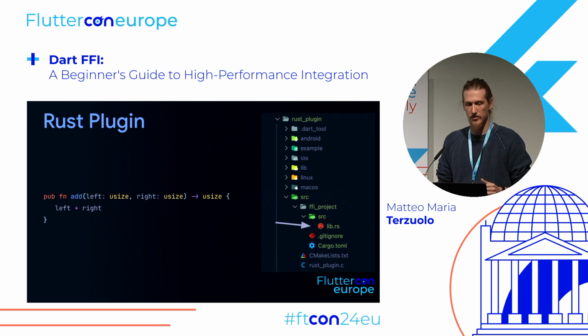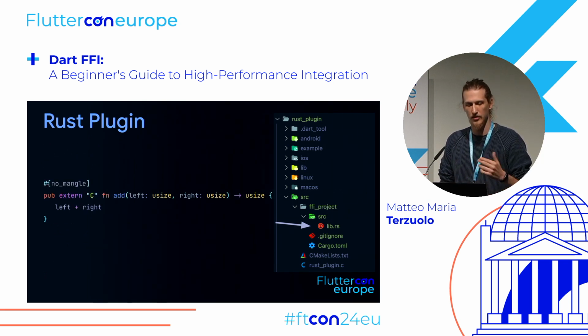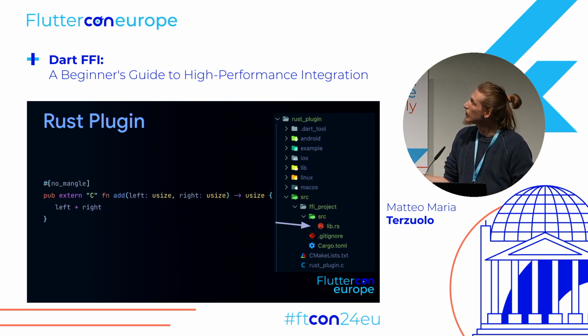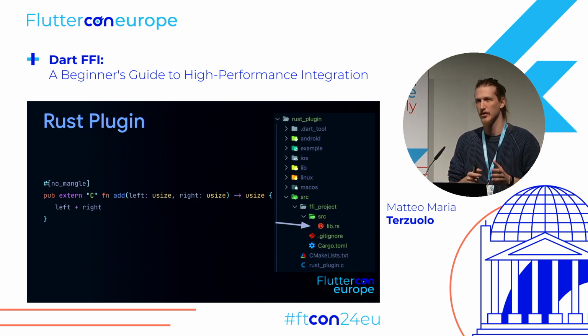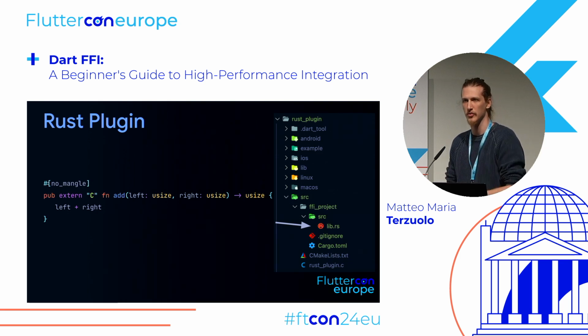I just need to make some changes to that function, like the no_mangle attribute. That decorator is going to tell the compiler that I don't want to... during compilation, functions are renamed to make them unique, and so many other labels and names and numbers are added to your function name, and that can make a problem with FFI because you don't know actually how it's going to be renamed, and you can't call it from Dart.